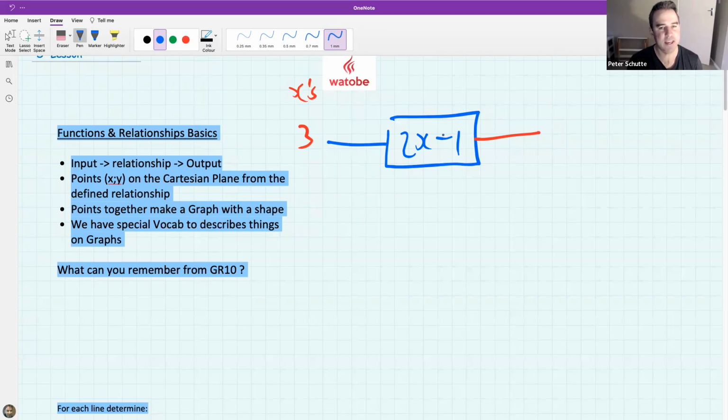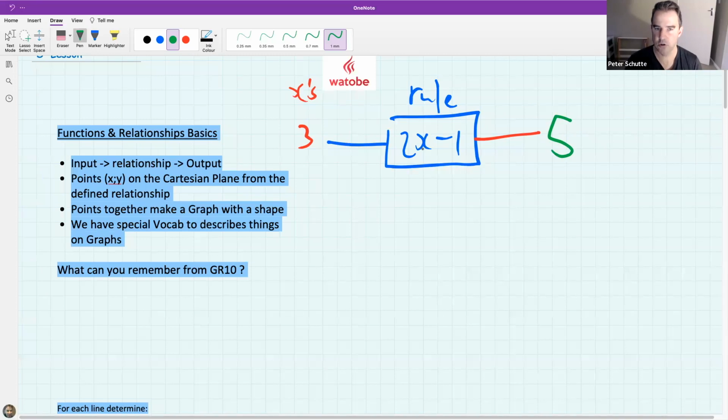If I feed 3 into this machine or this rule, what is the y that comes out the other side? Who can tell me? Yeah, this is going to be 5, because I go 2 times 3 minus 1.